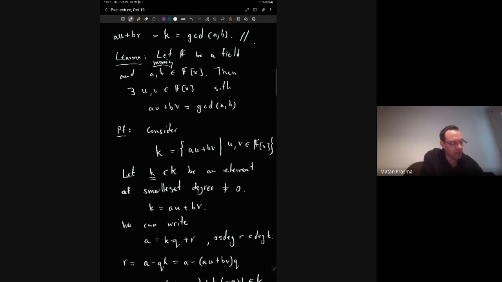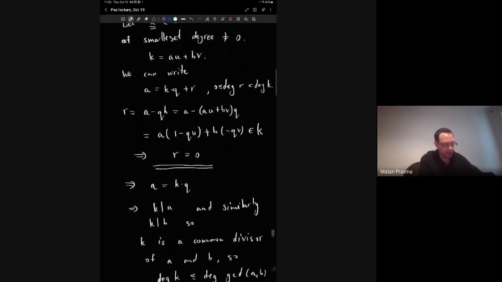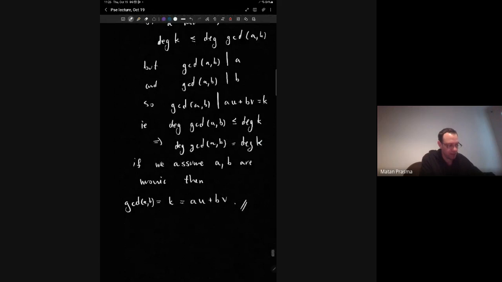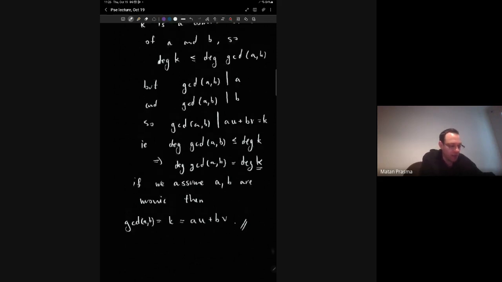Let's suppose that A and B are monic. If A and B are monic, then in the last part of the argument, K is a polynomial that divides A and divides B, and is of the same degree as the GCD.